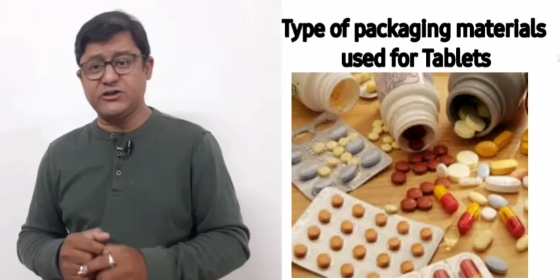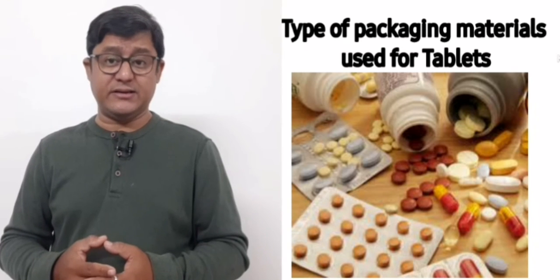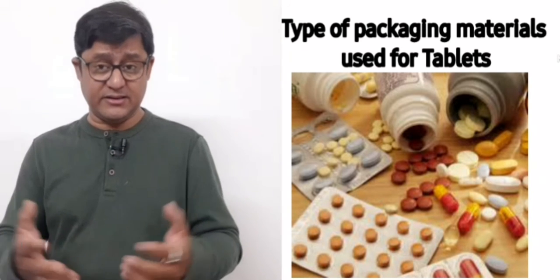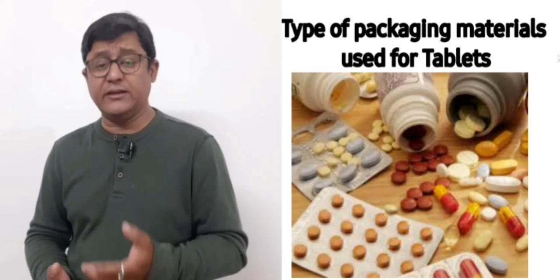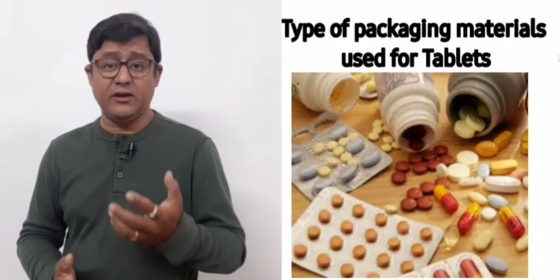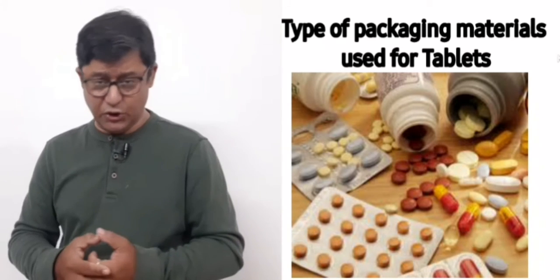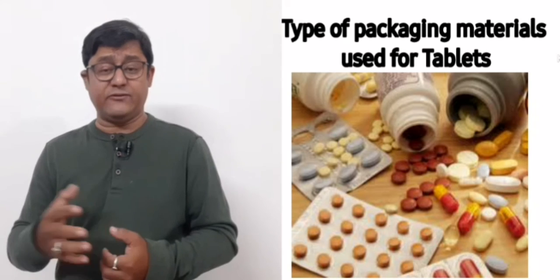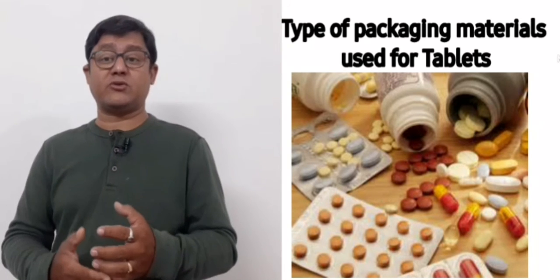The type of packaging material used is a matter of choice and it depends on several factors, including the degree of protection required, the compatibility of the packaging material with the formulations, and apart from that, the presentation, particularly for those products which may be subject to impulse buying.